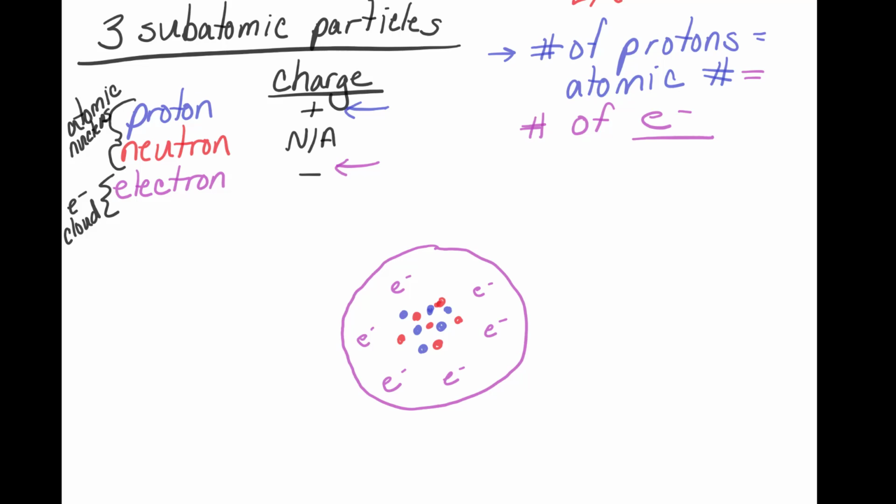Now I think it's important to pause here for a second and talk about the importance of these charges on these particular subatomic particles. And we're going to come back to charges over and over throughout the semester. So I think it's important to review that opposite charges attract.